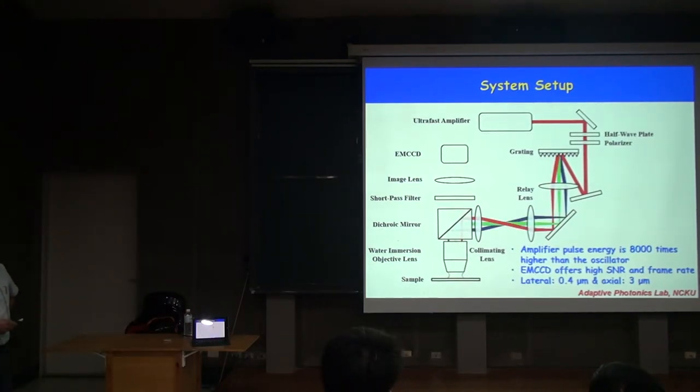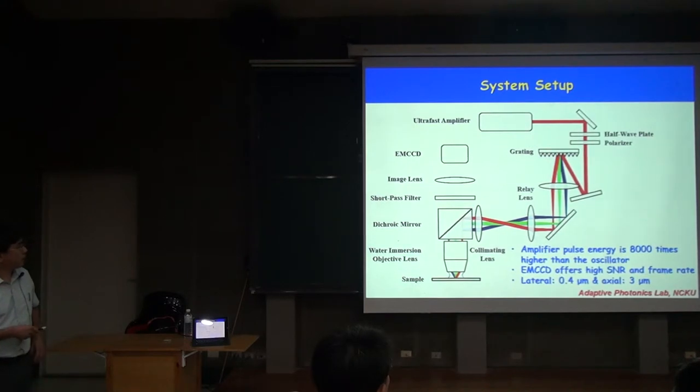So you have a femtosecond laser and use the half-wave plate and polarizer to control your laser power. And as I just mentioned, the grating diffracts your pulsed light to separate the different wavelengths, and then the objective recombines your different waves and the pulse in the focal plane.